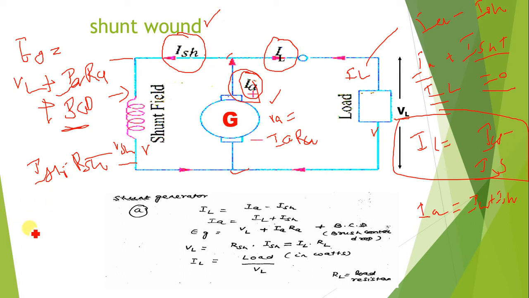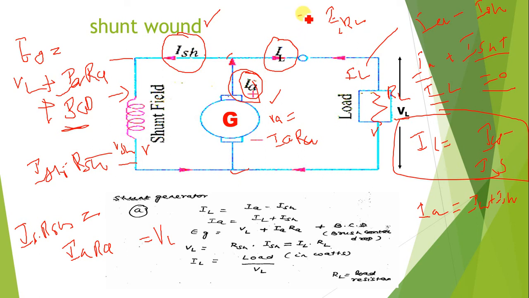That means Ish into Rsh is equivalent to IaRa, which is equivalent to your load voltage. If the load has some resistance RL, this whole equation becomes ILRL, which is equivalent to VL.